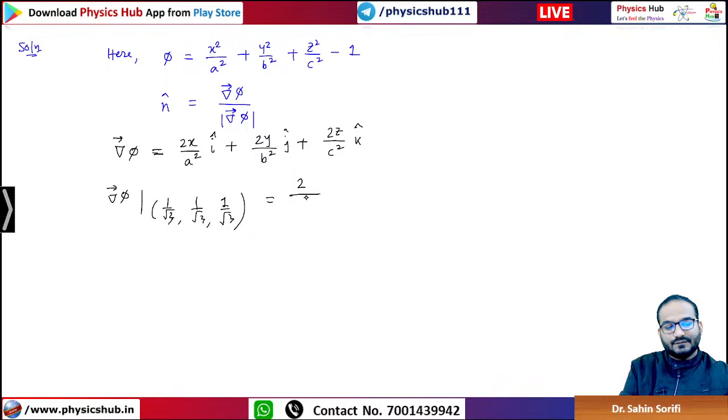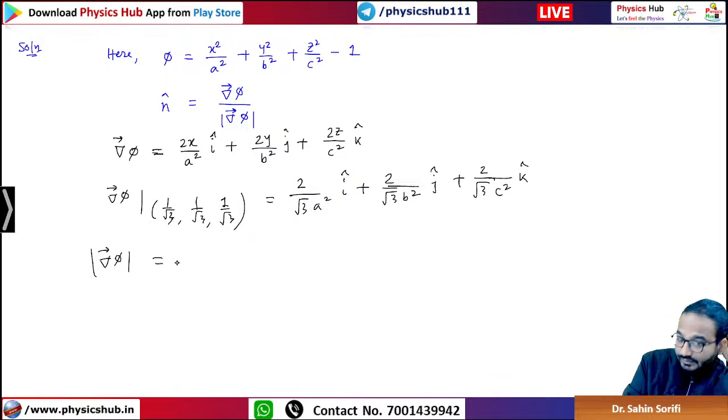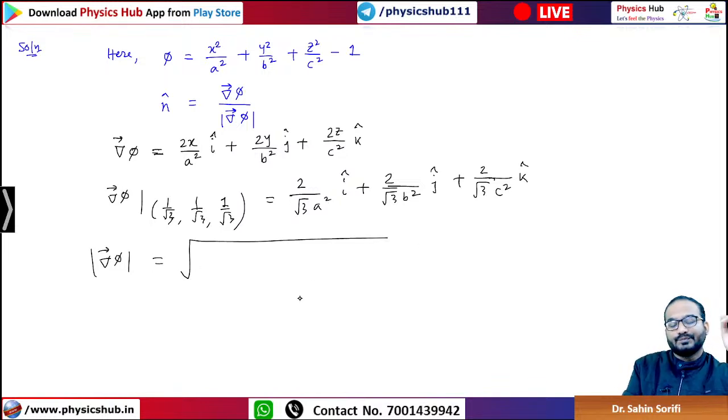So what do you get? 2 by root 3 a square, 2 by root 3 b square, 2 by root 3 c square. In this way you get. Now if you take the modulus, as I told you in the very beginning, I gave you the formula for how to find the magnitude.